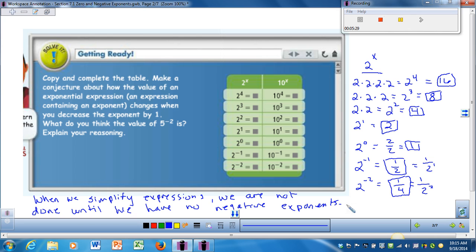Okay, so if there's still a negative exponent in your answer, then you're not done yet. You need to change it to 1 over that to the positive exponent. Okay, that's a little reminder. Stars around that.